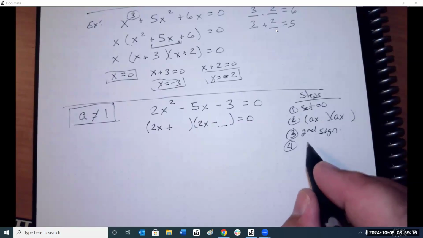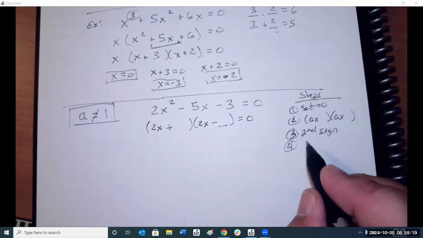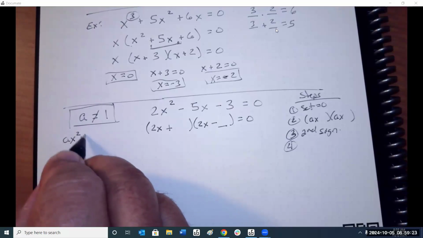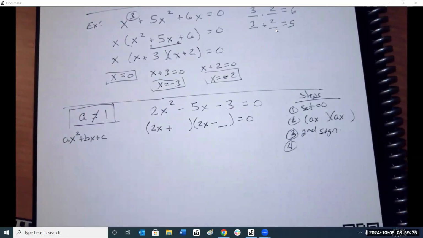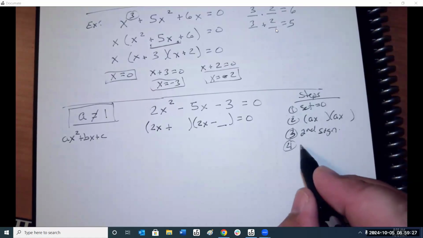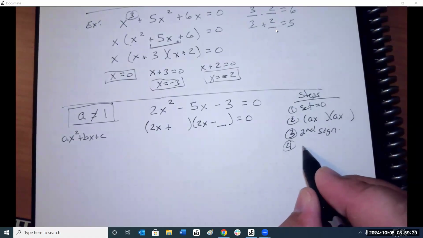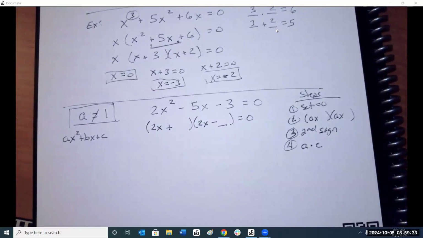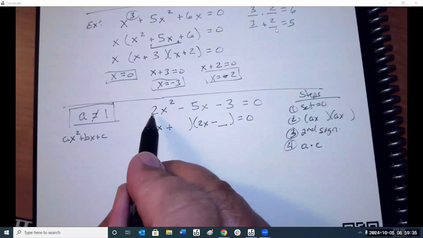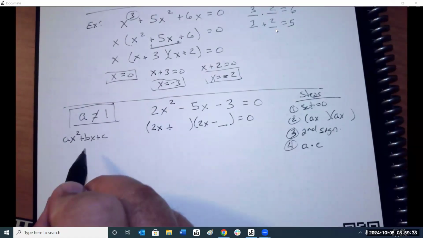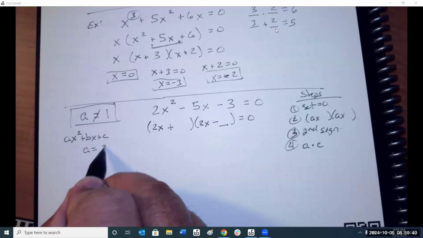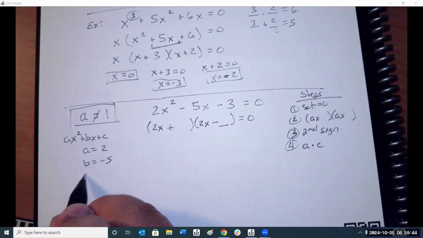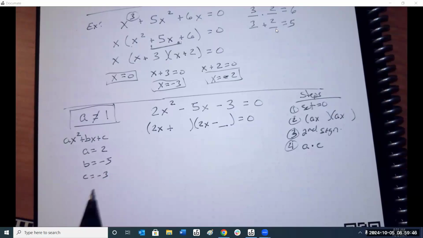Now, here's where it's different. Remember, a quadratic equation has this form. So the fourth step is multiply the a times the c. A in this case is 2. So let's label these things. A is 2, B is -5, and C is -3.